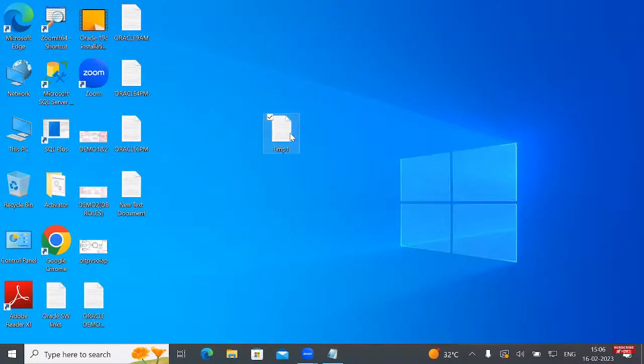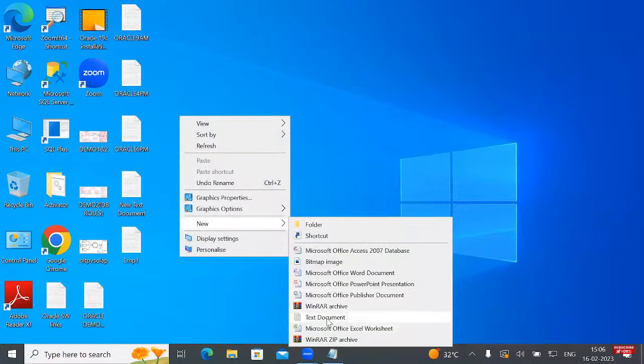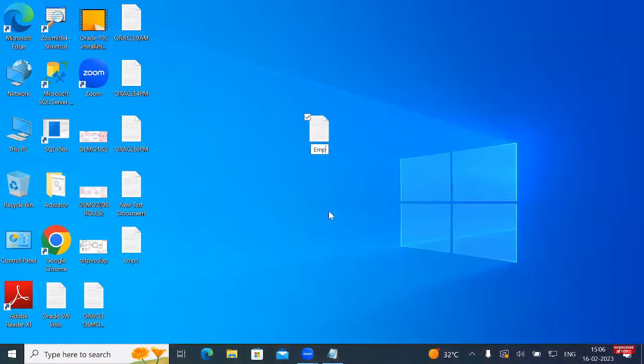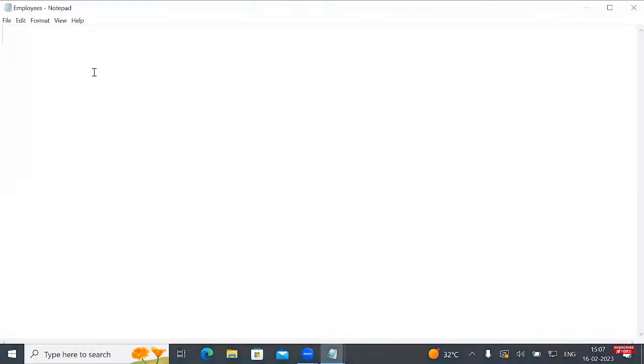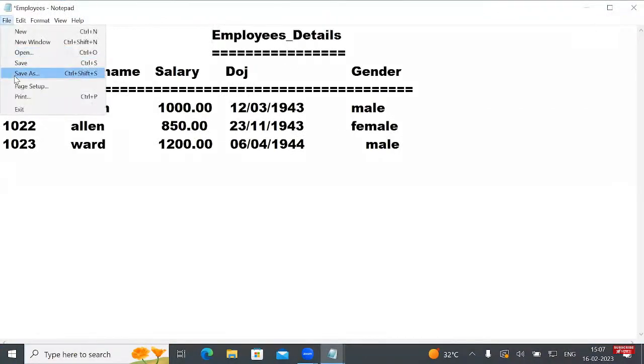Next, what happened: one more person came to your system. He's also trying to save the same information here. He will create one file and take the name employee details or employees. The file is open and he also stores the same information, and he will also save.